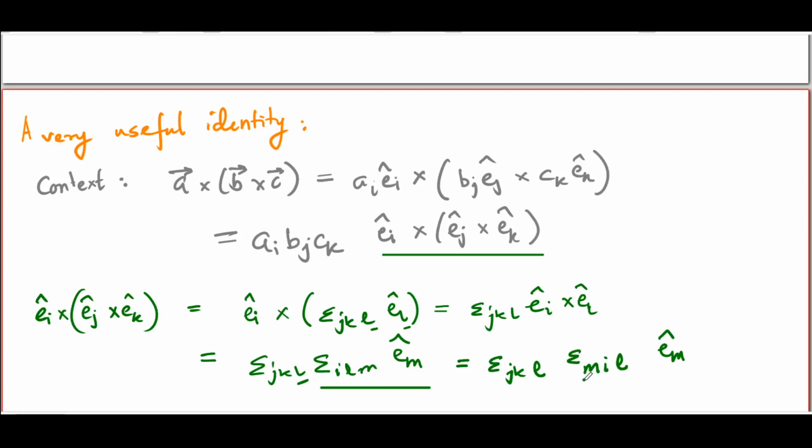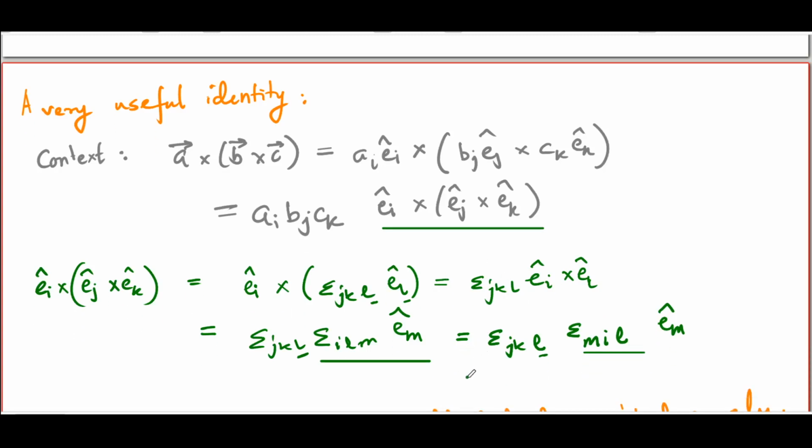So this becomes epsilon MIL. The important thing is I am going to investigate the contraction, sum of products of epsilon JKL and epsilon MIL, and the dummy index which is being summed over is in the same position in both. In this case, it's at the end in both, but you should also realize that I could have also written this as epsilon LJK, epsilon LMI with equal ease, where both the indices would be sitting at the front.